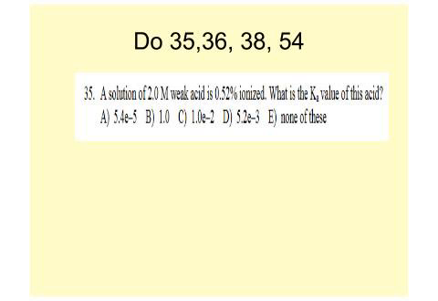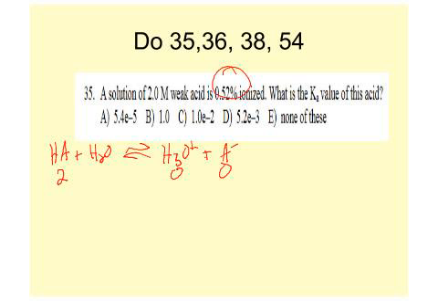So let's do an example or two. A solution of 2 molar weak acid is 0.52% ionized. Find Ka. I'm just going to call it HA plus H2O in equilibrium with H3O positive plus A negative. It's 2 molar, and 0, 0. If it's 0.52% ionized, I'm going to have 2, and 0.52% of it will ionize.